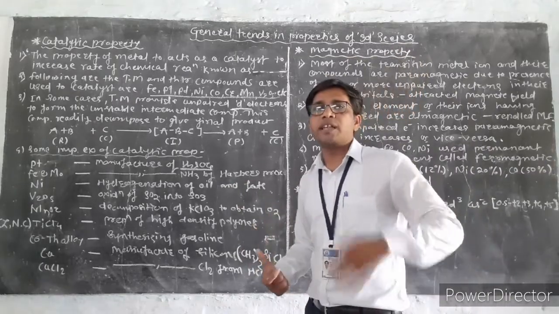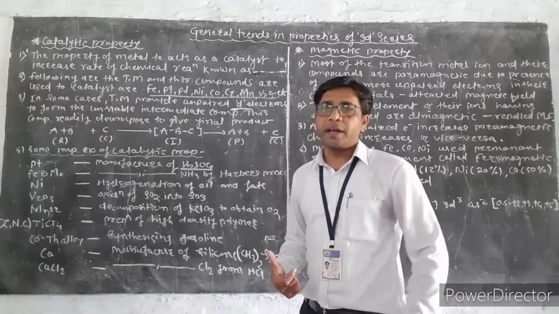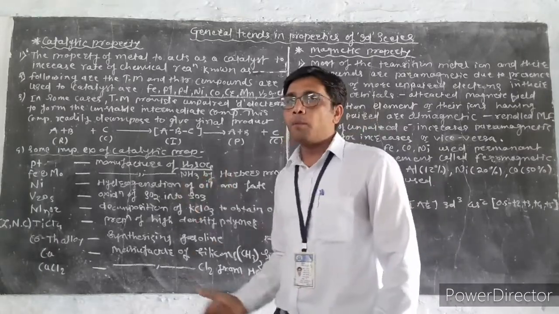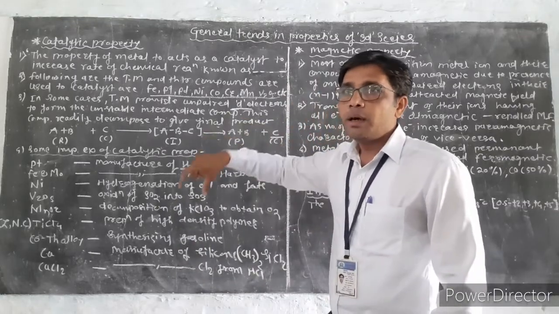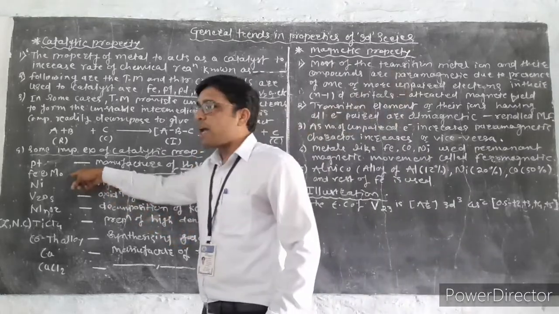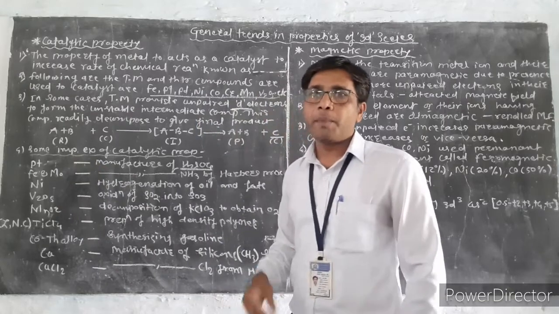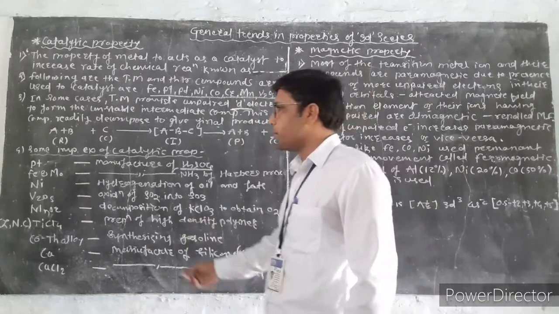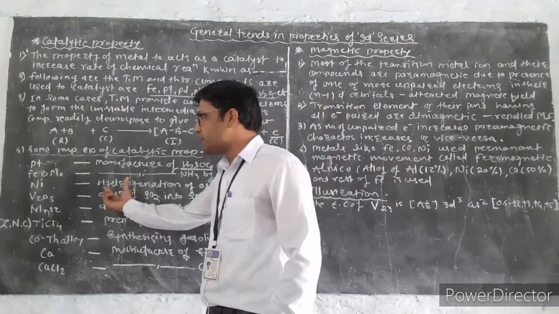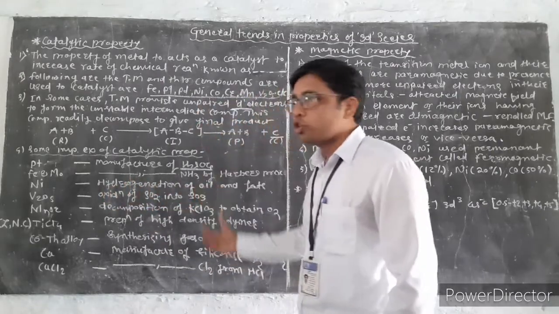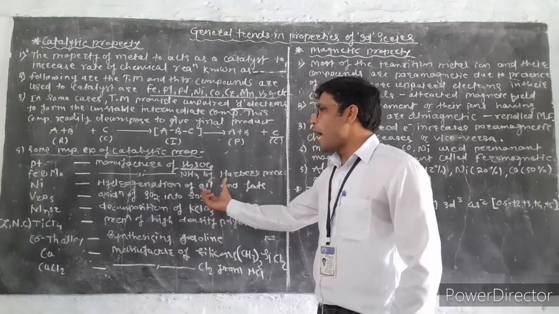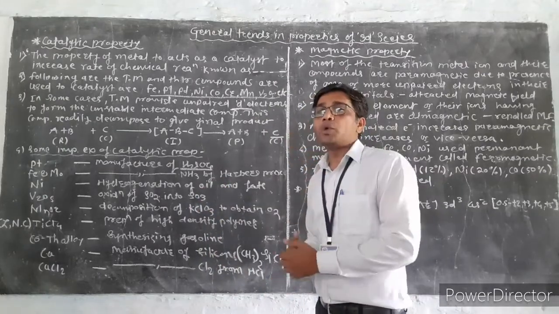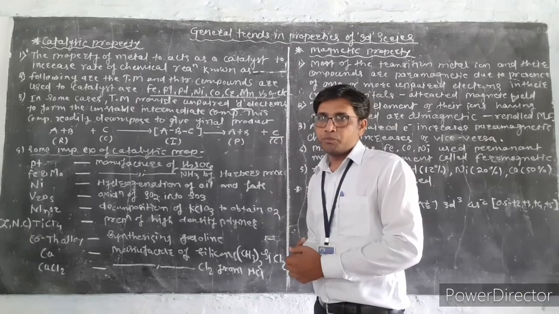That process is studied in 10th standard. Haber process, production of ammonia. In this reaction, iron as well as molybdenum are used to increase the rate of a chemical reaction. Then another, nickel, is also used in the hydrogenation process of oil as well as fats.